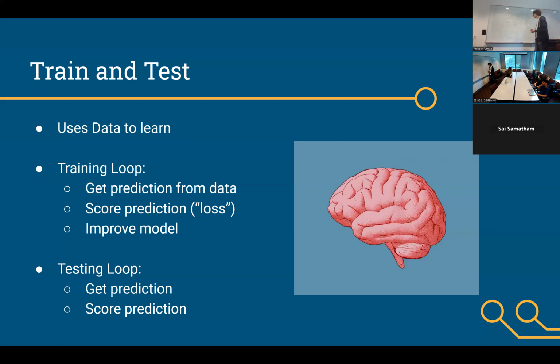I'm going to go over this at a high level, and then go deeper. At a high level, you have your training loop, right? This loop will run over all of your data a couple hundred times or something. The first thing is you get a prediction from your inputs. So you call your model, it's kind of like pseudocode, and you put your inputs into the model.